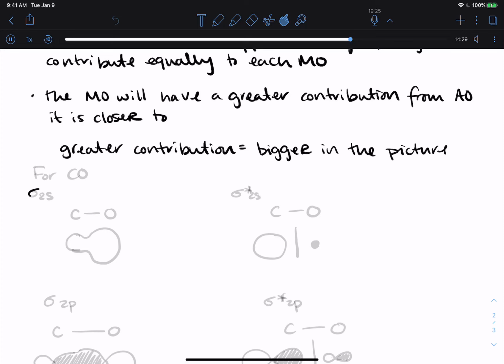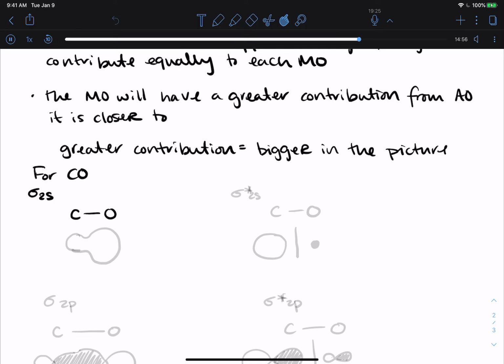So the sigma 2s, do this for CO. My sigma 2s, if my carbon is here and my oxygen is here, it's a bonding MO. It looks more like oxygen. If I go back to my correlation diagram, the oxygen atomic orbital is closer in energy to this MO.